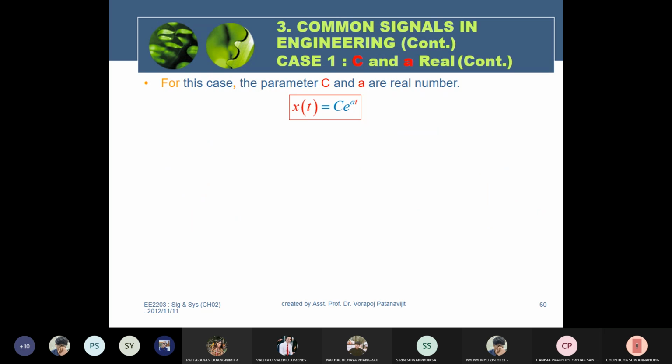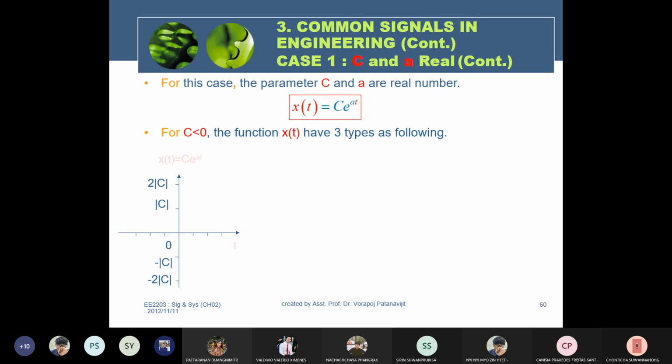Now, if C is negative, what about the transform? It used to be increasing, so it is an amplitude transform, a reversal about the horizontal axis. You see that the topics I teach you are linked to each other.